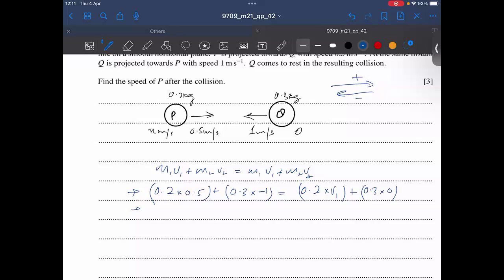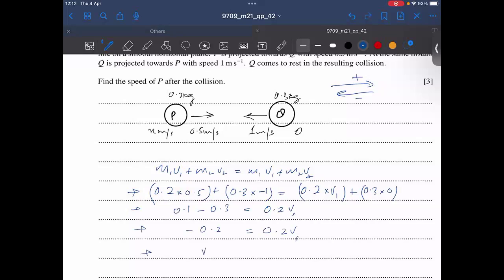So 0.2 into 0.5 is going to be 0.1, minus 0.3, equals 0.2 V1. So it's going to be minus 0.2 equal to 0.2 V1.